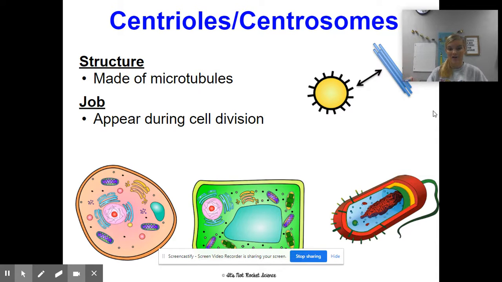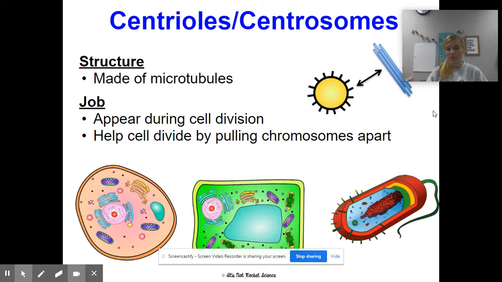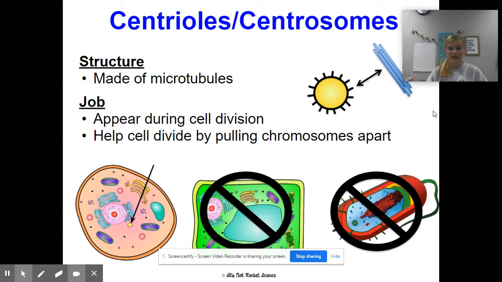So their entire job is to help divide cells by pulling our chromosomes apart, and we'll get to that a lot more in mitosis at the end of this unit. But the centrioles and centrosomes are just waiting for the cell to divide. And they are in our animal cells, but not our plant or our bacteria cells.